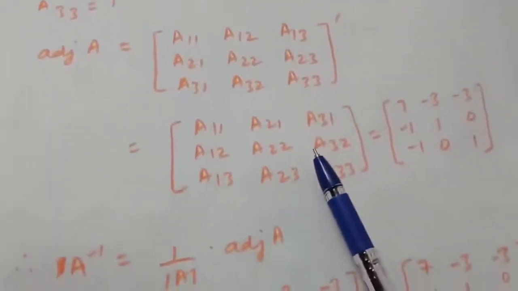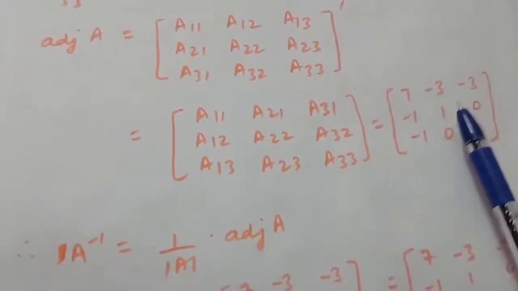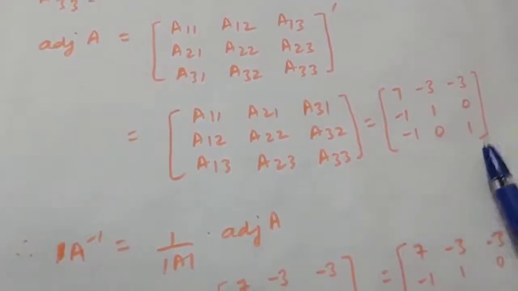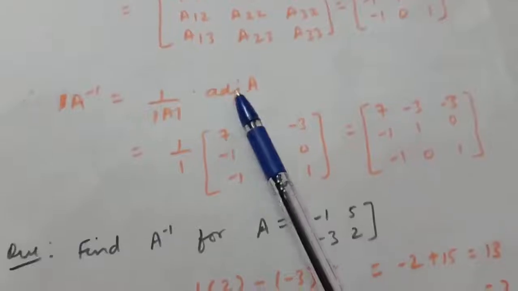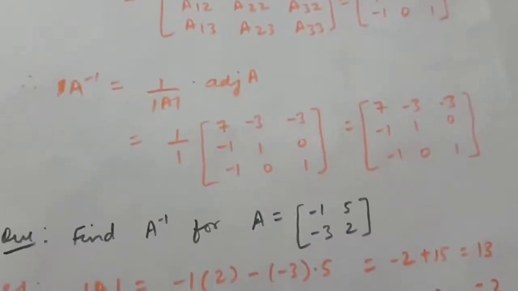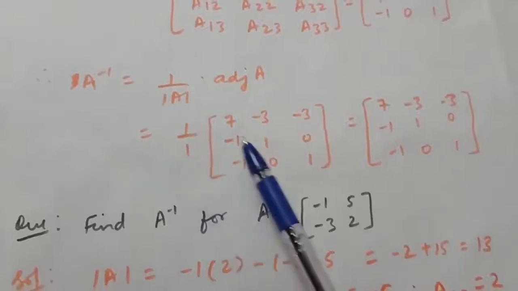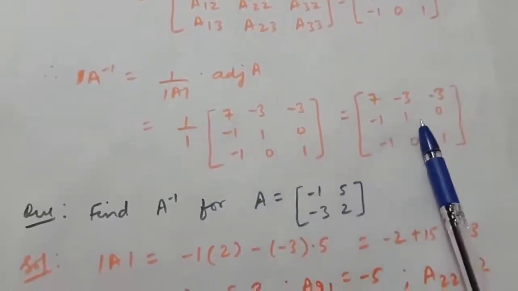So you will get adjoint of A equal to 7, minus 3, minus 3, minus 1, 1, 0, minus 1, 0, 1. So A inverse is adjoint of A multiplied by 1 by determinant of A. Determinant of A is 1, into this adjoint A. So it is equal to this matrix, right?